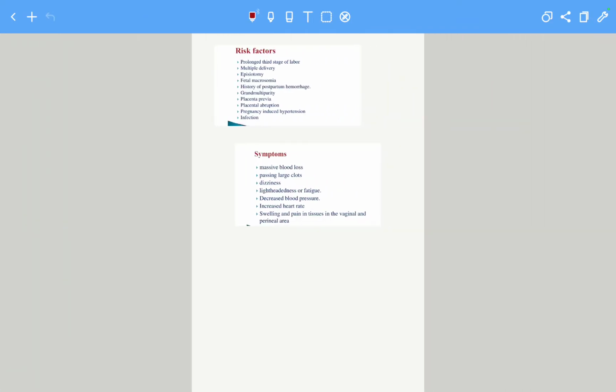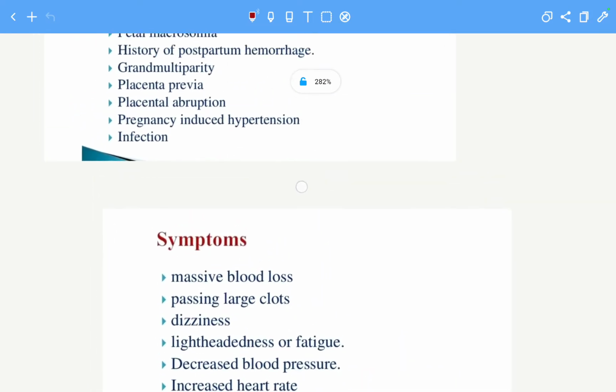Okay, now what are the risk factors of PPH, right?